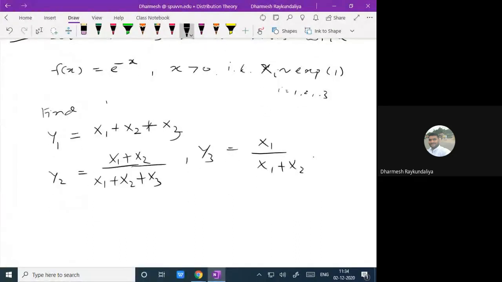Find the joint density of this. Okay, so we wish to find the joint density of this.